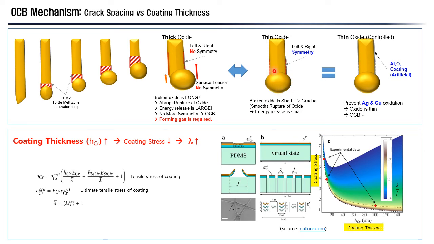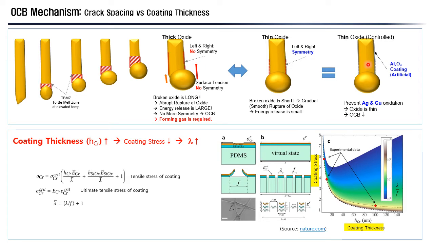On the other hand, however, when we apply aluminum coating on the surface of the bond wire in an artificial way, this is nothing but a passivation. So this passivation is not going to allow any additional metal oxidation of the bond wire itself, so that we can control the metal oxidation of the bond wire.